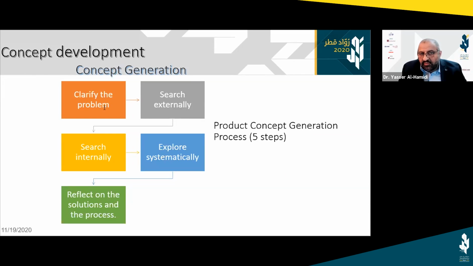You need to clarify the problem. You need to search externally and internally. Then you need a systematic approach to explore different concept solutions or fragments, and you reflect as always on these solutions.